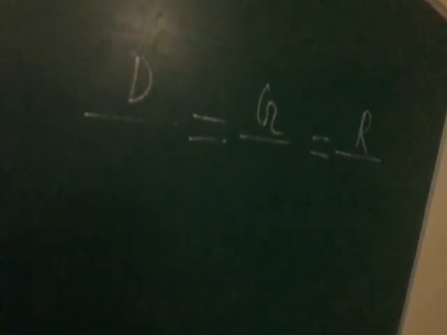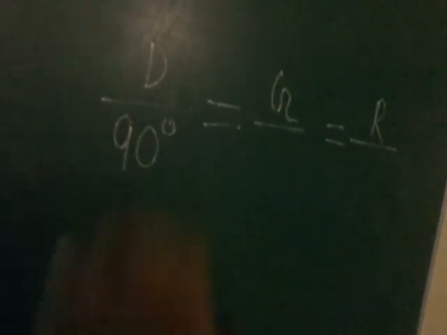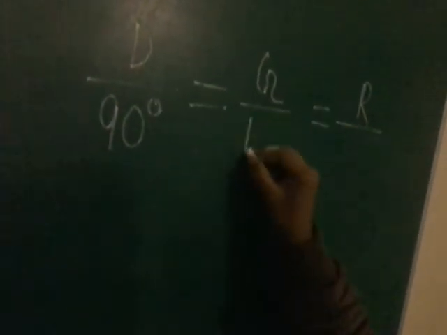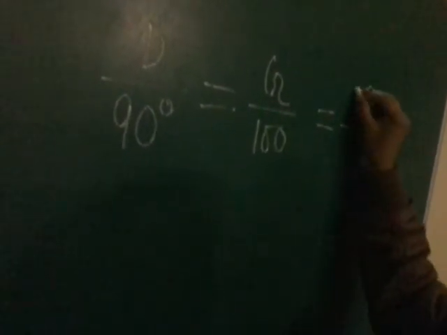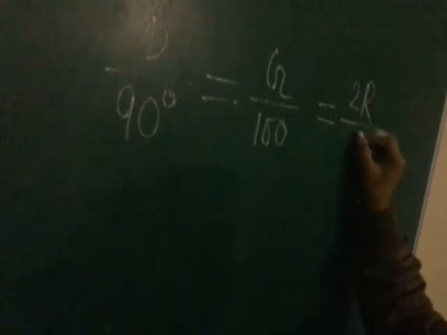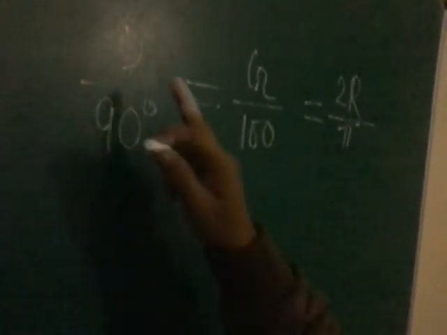What relation did we derive? D by 90 degree is equal to G by 100 is equal to 2R by pi. We derived this relation.